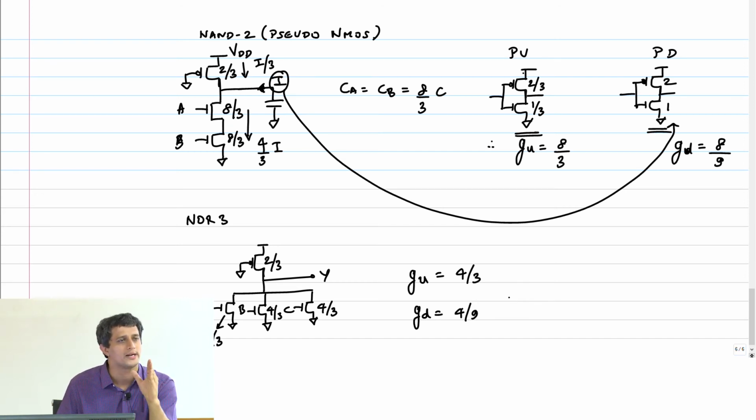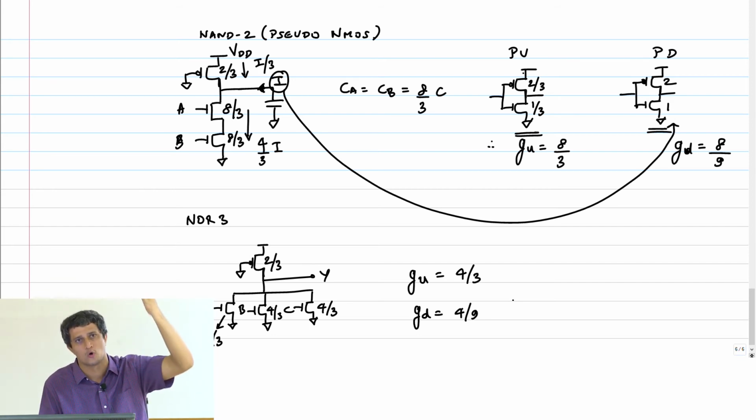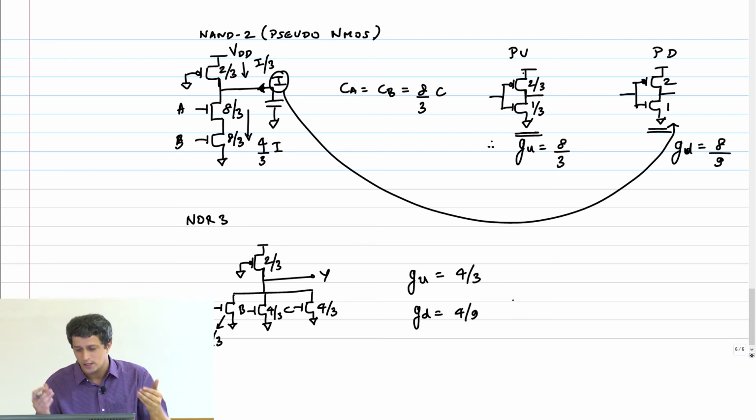For the NOR gates, where the logical effort grows because my PMOS stack size is growing, I am able to make sure that the logical effort is 4 by 9 irrespective of how many ever input NOR gate I have. Okay? Clear? Doubt?